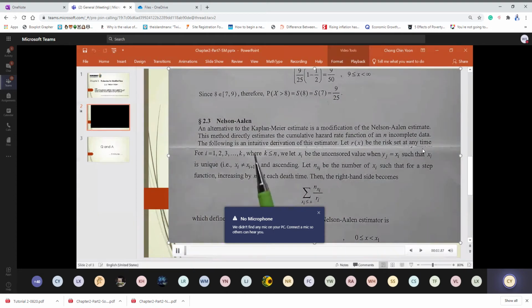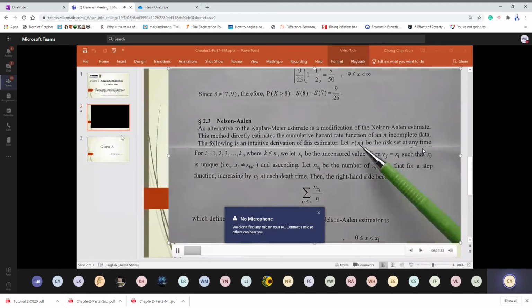2.3 Nelson-Aalen. An alternative to the Kaplan-Meier estimate is a modification of the Nelson-Aalen estimate. This method directly estimates the cumulative hazard rate function of incomplete data. So, for this Nelson-Aalen, we try to estimate the cumulative hazard rate function.